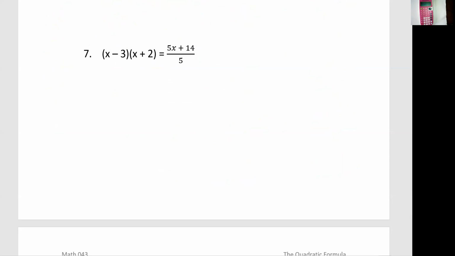Number 7, I would first multiply x minus 3 times x plus 2. So that's x squared minus x minus 6. And then I would multiply each side by 5. I'm going to go ahead and distribute that 5.